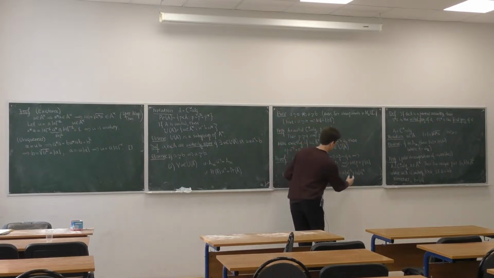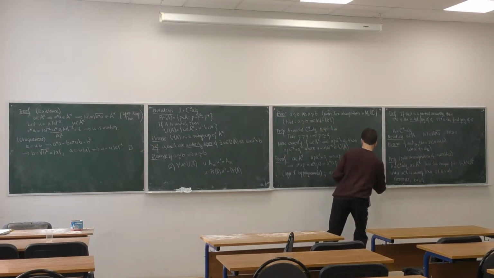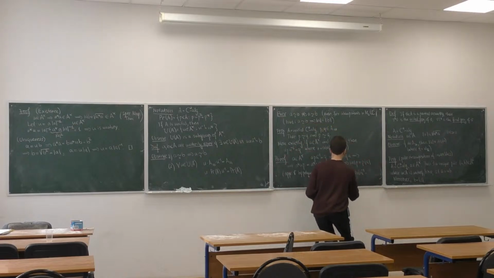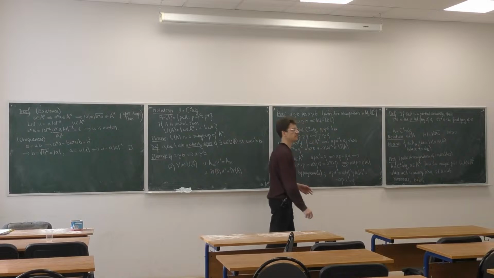But now we know that P and the modulus of A commute, so we move this element here. It cancels with A inverse, and we get A P A inverse, that is Q. And this completes the proof. So we see that P and Q are unitarily equivalent.